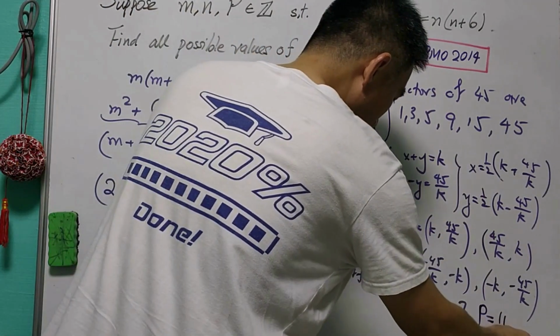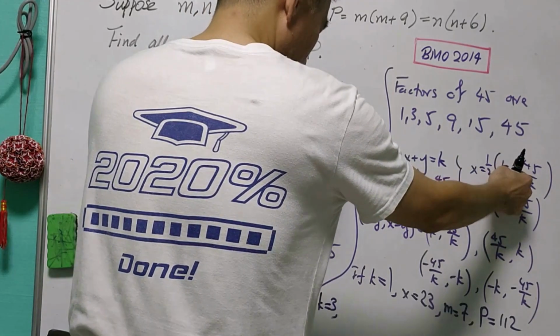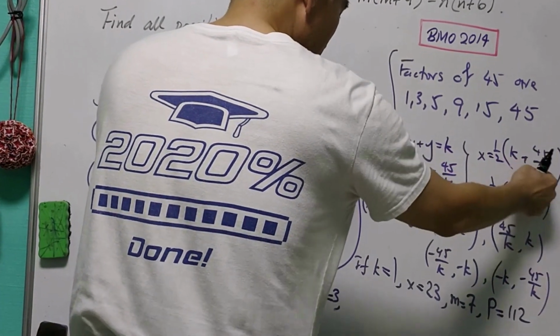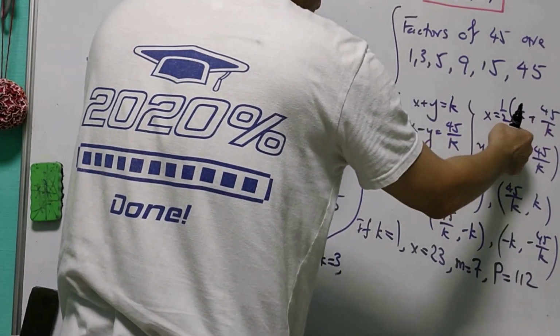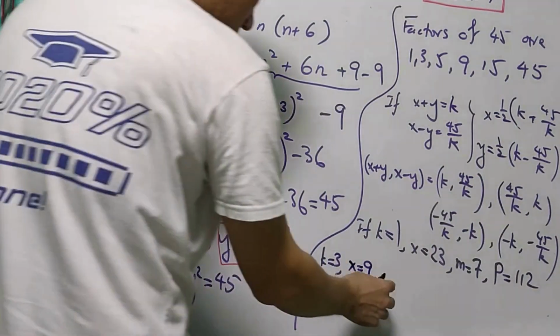k equals 3, x will equal half of 3 plus 15. 3 plus 15 is 18, divided by 2, that is 9. When x equals 9, m is equal to 0.